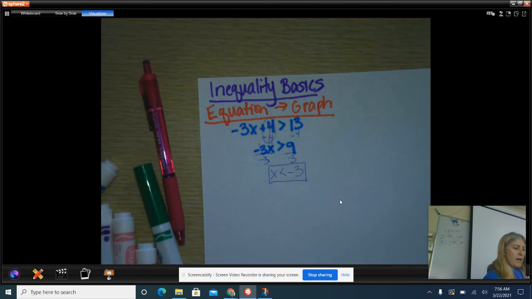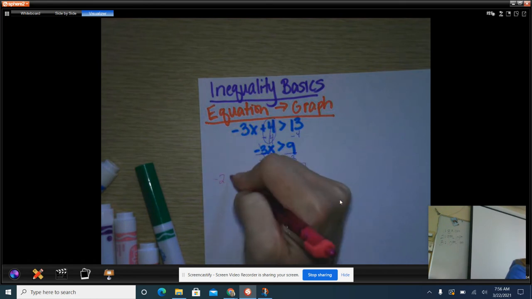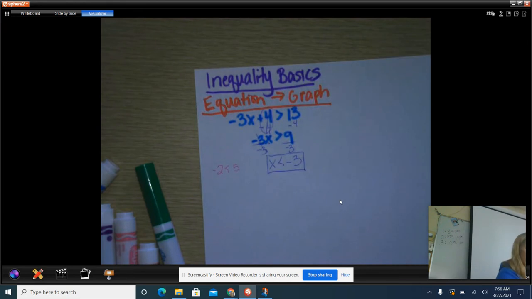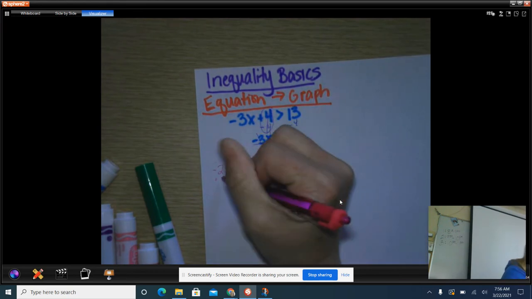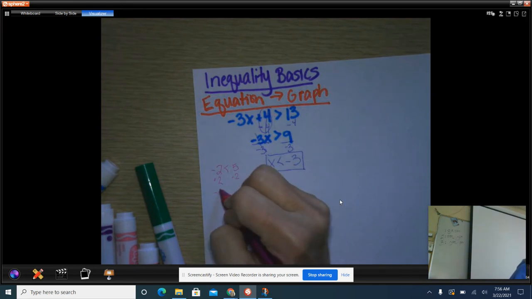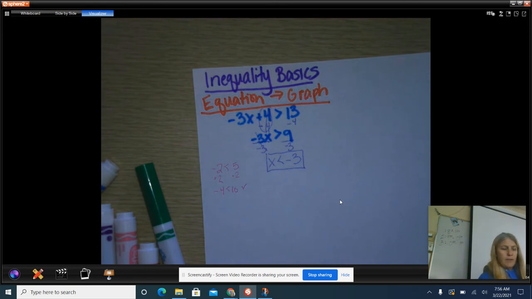The reason why this is the case is I'm sure everyone would agree that negative 2 is less than 5. If I multiply or divide, let's just say by a positive 2, then that would be negative 4 is less than 10. And that checks out. That is still a true statement.